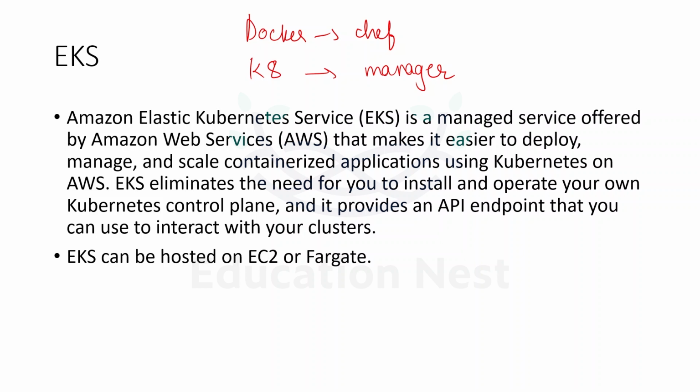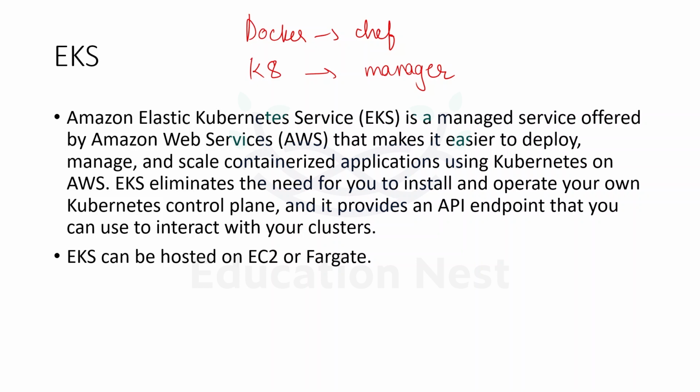Okay, so here now we are talking about EKS, which gives us the advantage of managing or orchestrating the overall system. It makes it easy to deploy, manage, and scale containerized applications. When you use EKS, it is a managed service. If you are not using ECS and EKS, then also you can run the containers on EC2.